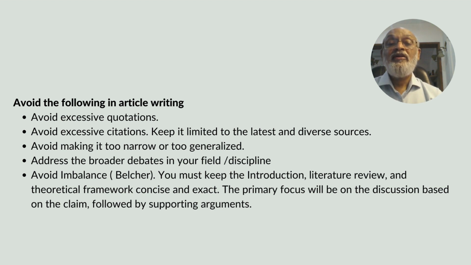Address the broader debates in your field and discipline. Avoid imbalance. You must keep the introduction, literature review, and theoretical framework concise and exact. The primary focus will be on the discussion based on the claim, followed by supporting arguments.